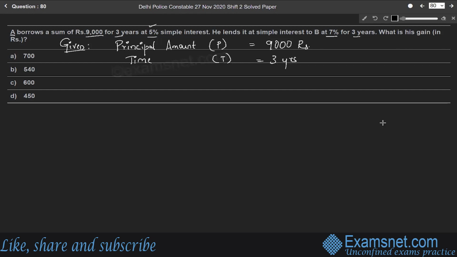The rate of interest for A, which is R, is 5%, right?